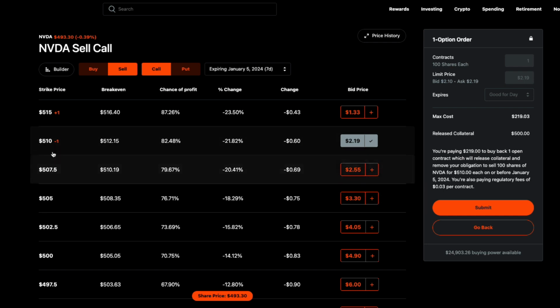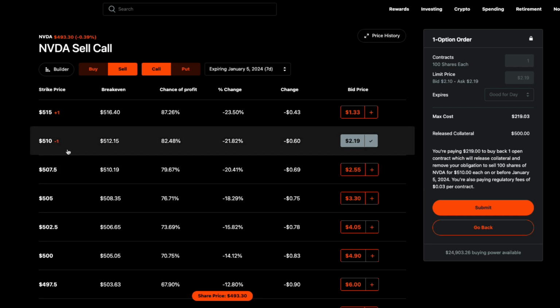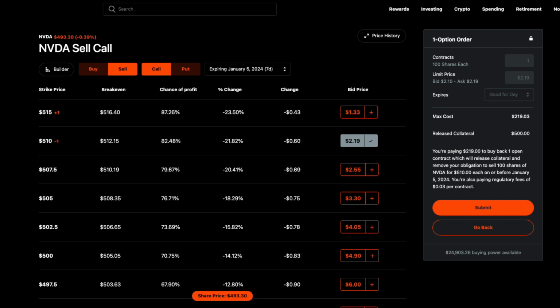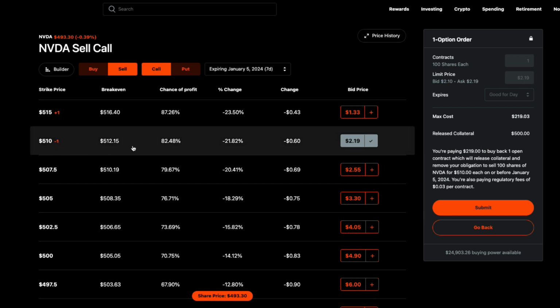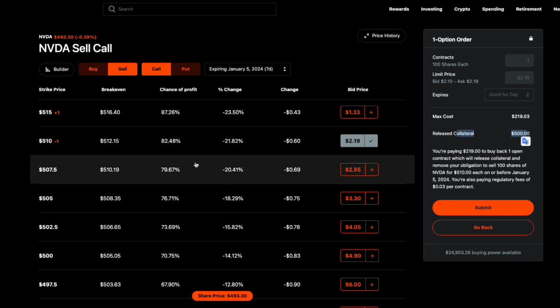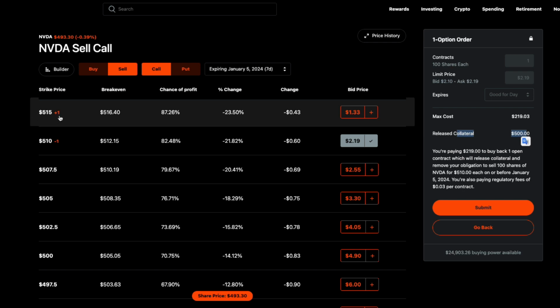So you just want to buy this call option, and you will just keep this 515 call option open. For that, you just buy this call, and by doing that your collateral would be released, and then you would be left with only this 515 buy call option.